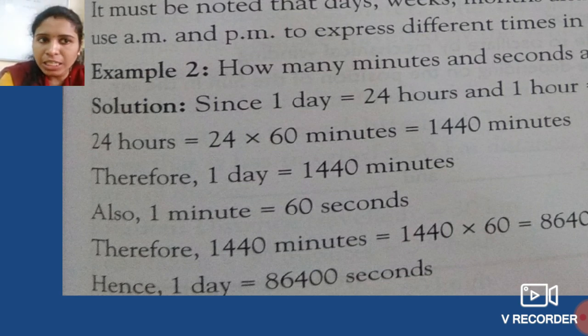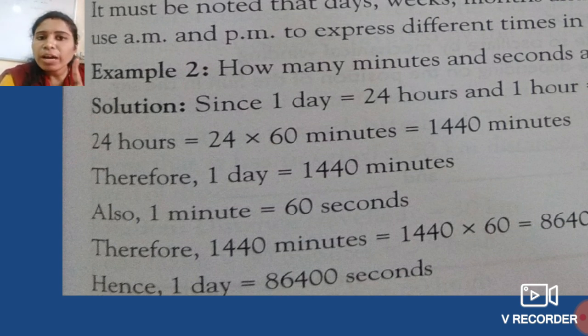How many minutes are there? 1440 minutes are there. So in total one day, how many minutes are there? In total one day, 1440 minutes are there.